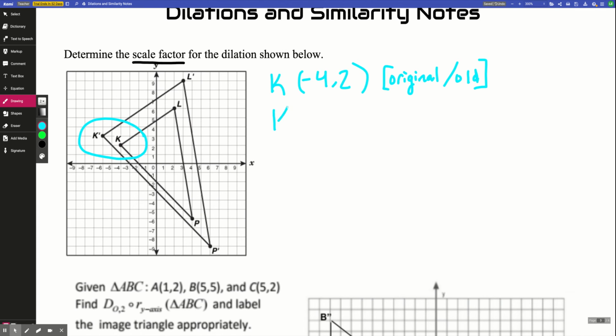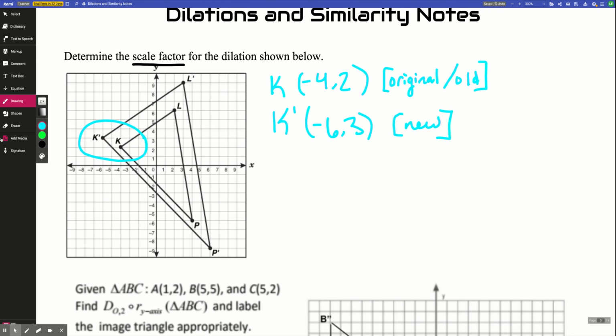And then K prime, that's my new point because it has the prime notation, is (-6, 3). So this is my new one. I'm just going to pick one of these. You can pick either the x's to write a formula with or the y's, but you don't have to do both. You can pick one and then use the other to check to see if your answer was correct.